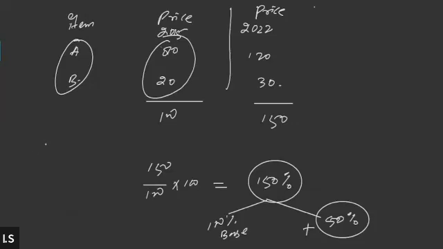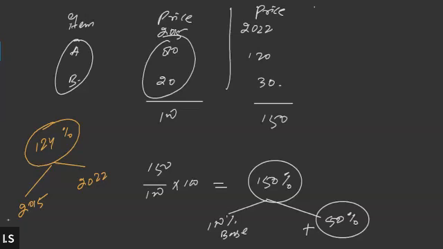How 50%? See, let's suppose the index number you have got is 124%. This 124% indicates that the price is currently 124% of the price prevailing in the year 2015. Let's suppose we are comparing the prices of two years, 2015 and 2022. So if the index number we have got is 124%, that means the price is currently 124% of the 2015 price.